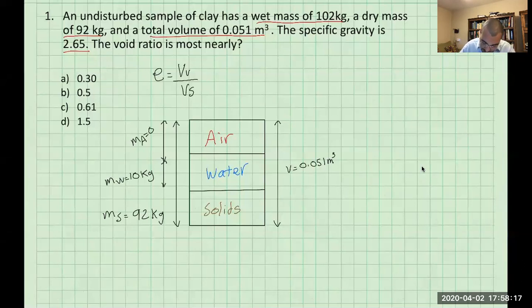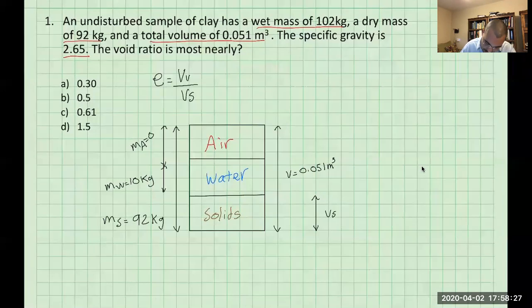And then we will have to find a volume of solids, and we'll also need to find a volume of water, and we do not neglect the volume of air in the sample.